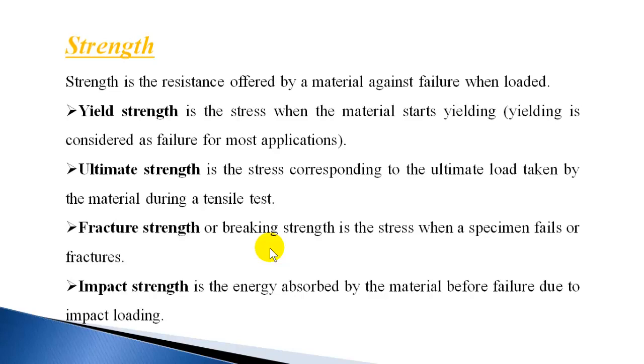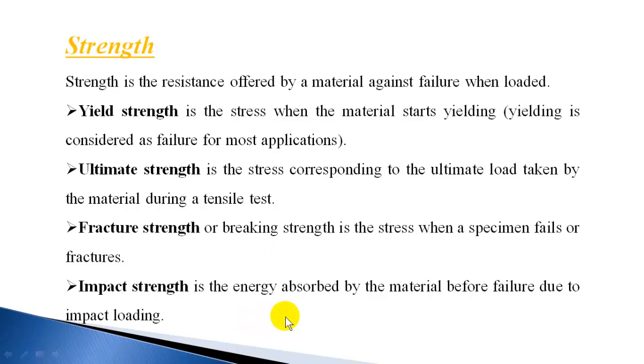That is because we are plotting the nominal stress strain curve. True fracture strength is going to be greater than or equal to the ultimate strength. For a brittle material, ultimate strength and fracture strength are going to be the same.